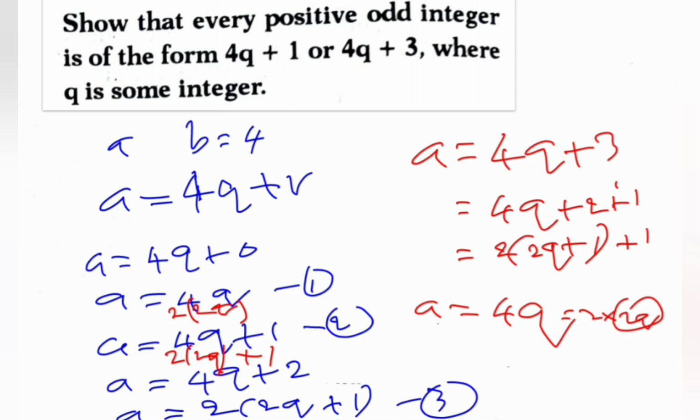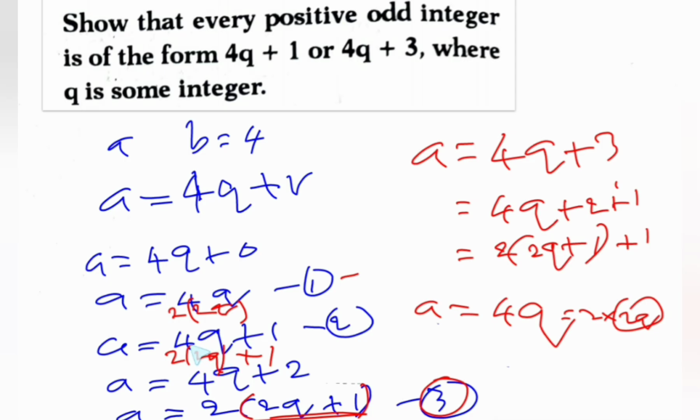In the same way, 4q plus 2 we can write as 2 into 2q plus 1. 2q plus 1 is a number, and multiplying with 2 we will get an even number. So the first one and the third one are even numbers, divisible by 2.